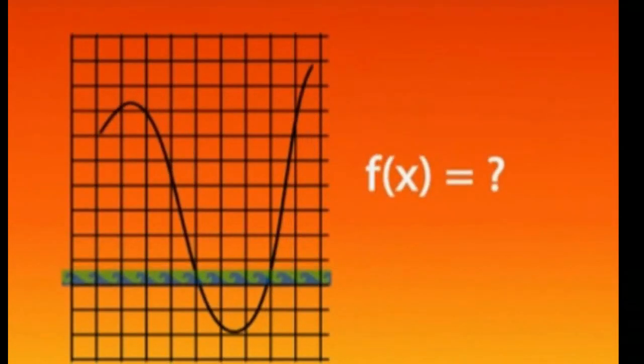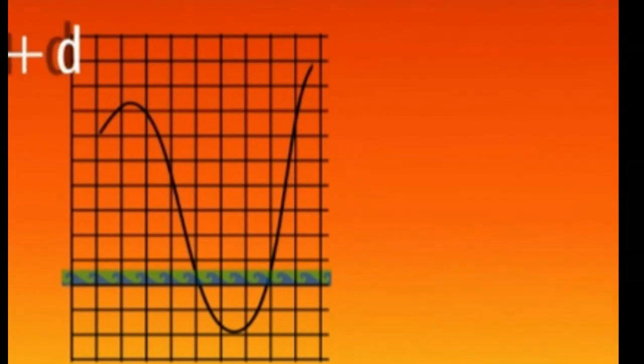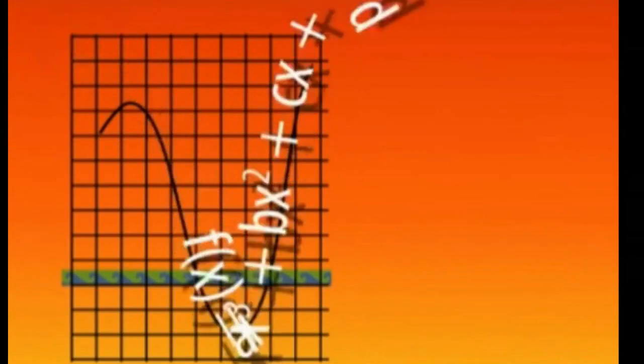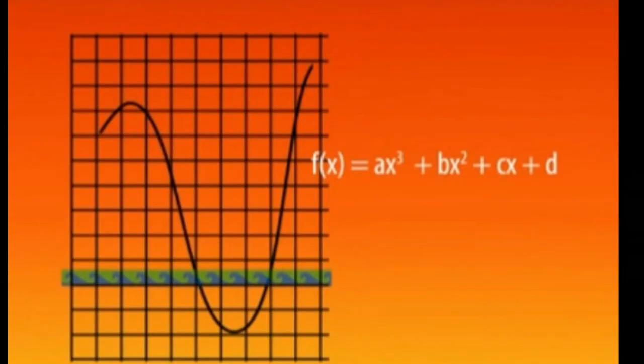These types of shapes are the graphs of polynomial functions. Patrick knows that a graph with two curves like this is a cubic function, so he can begin figuring out the equation to give his employees. The next time you see a function like f of x equals a number times x cubed plus a number times x squared and so on, think of the graph as a roller coaster.